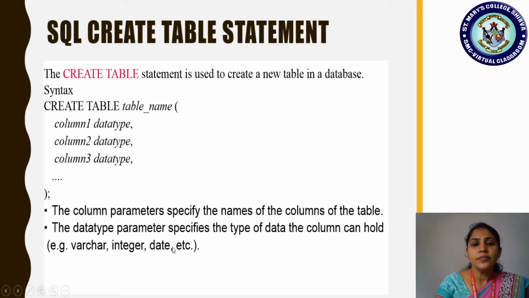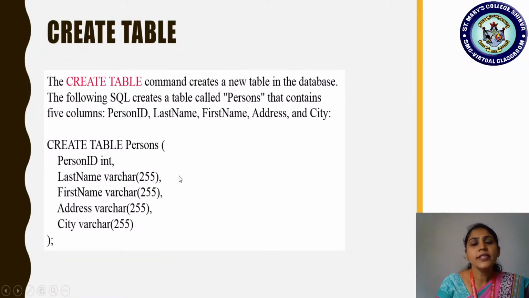Now let us find the same create table syntax with an example. The create table command creates a new table in the database, and the following SQL creates a table called persons. So we are creating a table called person.